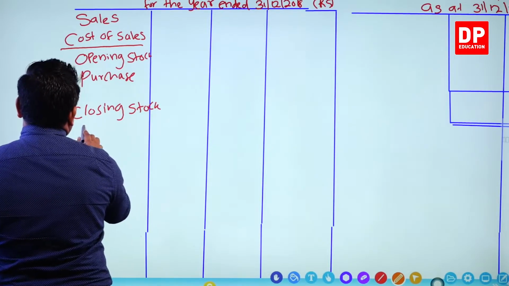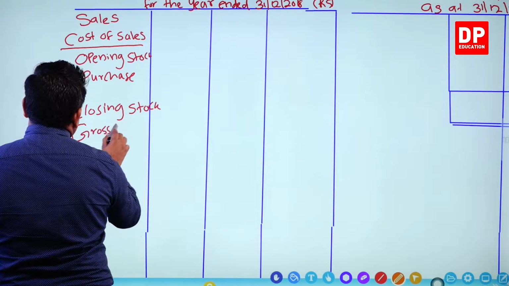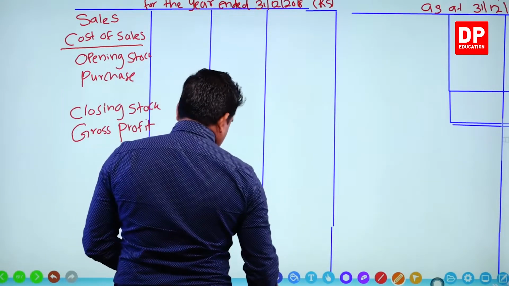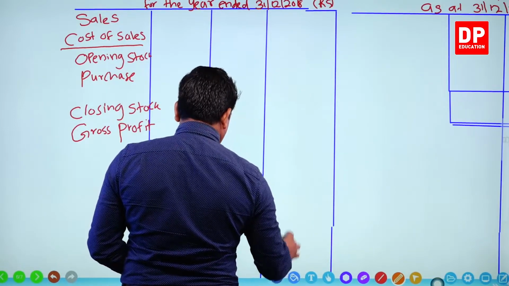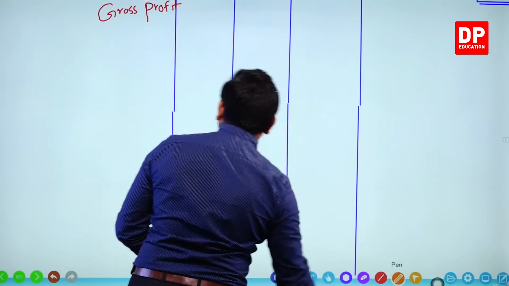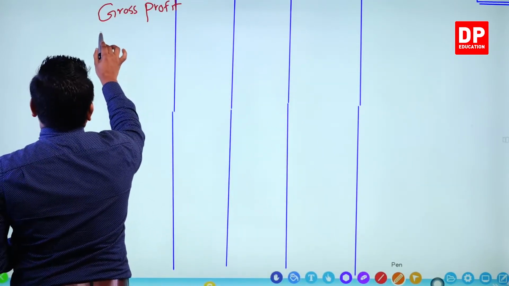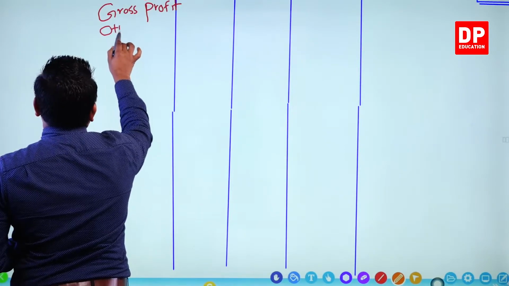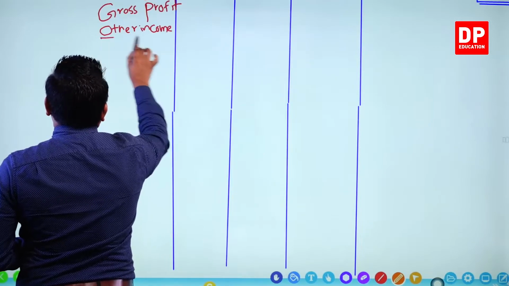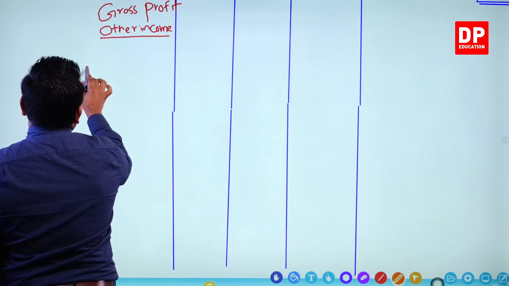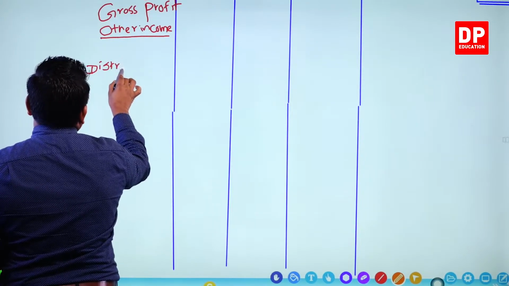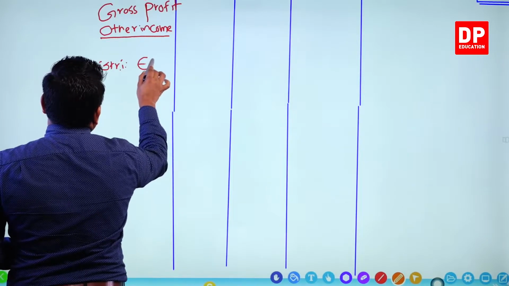After that you can see the gross profit. Then I think you remember or not? Then you can classify expenses. What are the expenses? First one, other income we have to put under this. Other income. Then distribution expense.